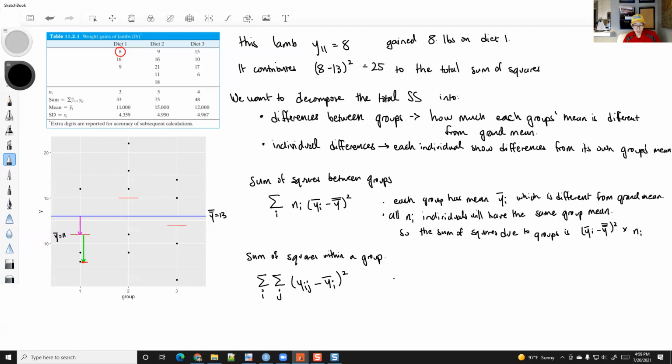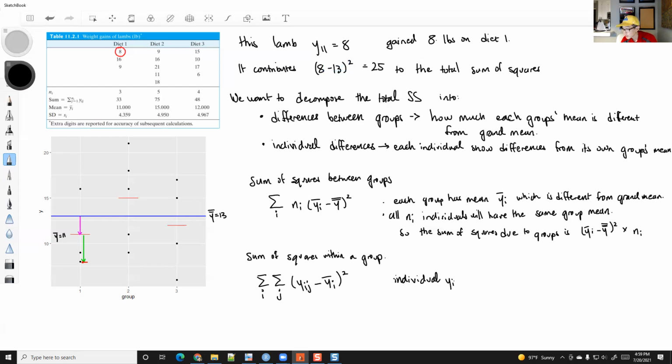So we compare each individual to its own group, and they're still different. We take those differences, square them, and add them up for all the individuals within a group, and we also have 3 groups, so we have to do it for all 3 groups. I'm not able to write right now.